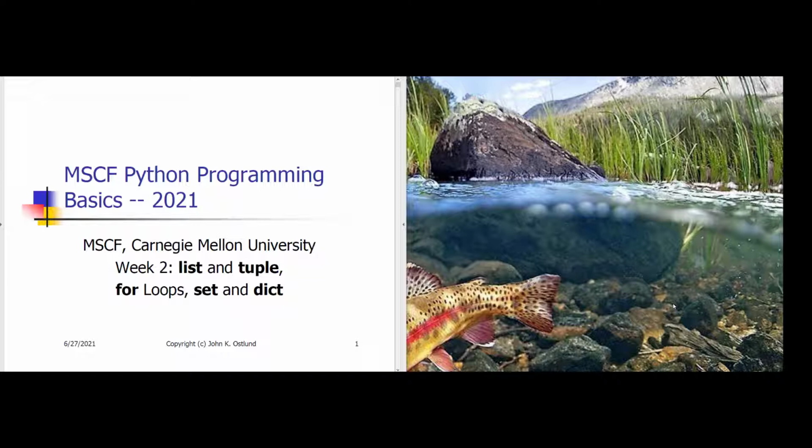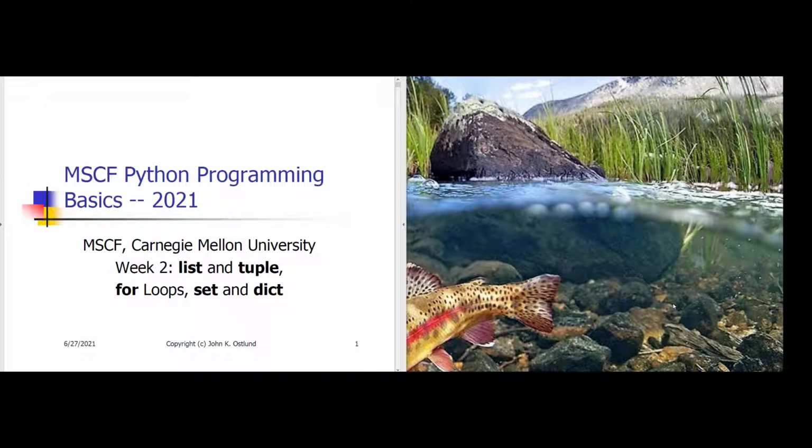And then a couple more, somewhat more sophisticated collection types, the set, which behaves very much like a mathematical set, and the dict, or dictionary, which allows you to define mappings between keys and associated values. All right, so a list, for example, associates an integer index with a value.